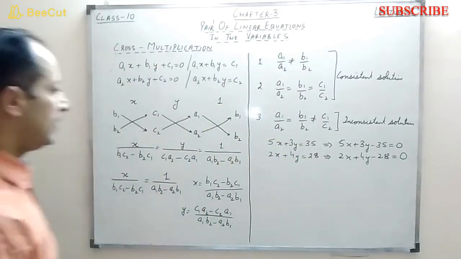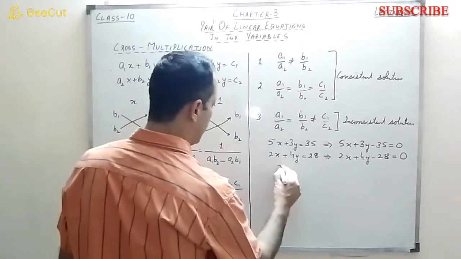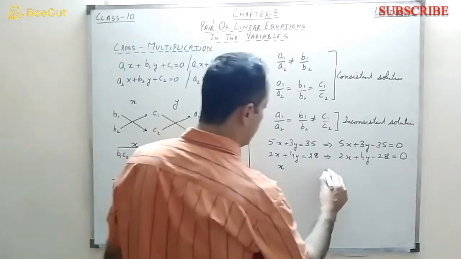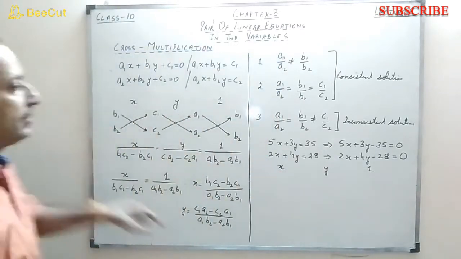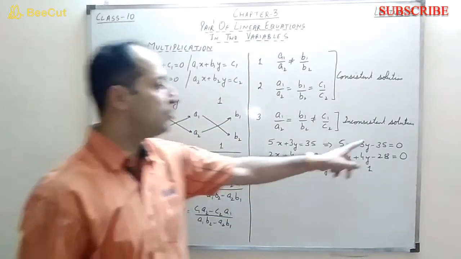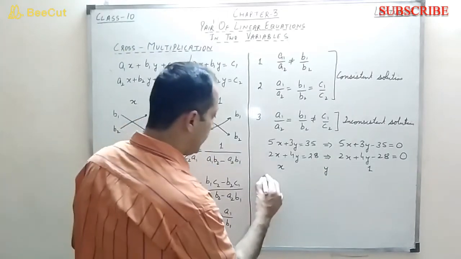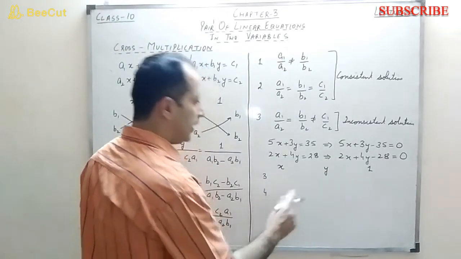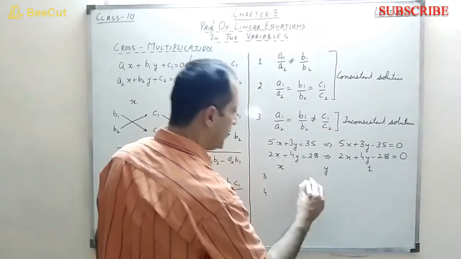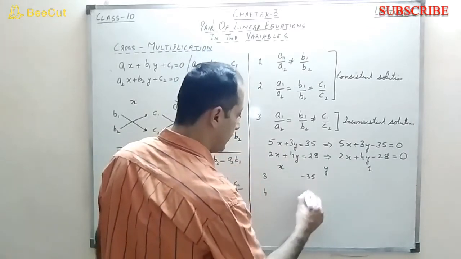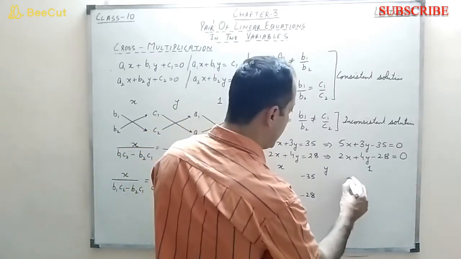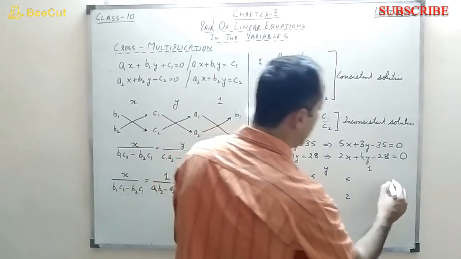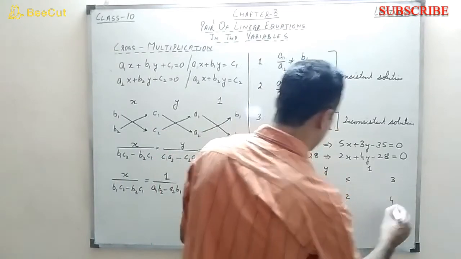Now, the first step is to write x upon, I write x, I write y, I write 1. Then I write the coefficients of y first, that is, I write 3 here and 4. Then I write the constant term, that is minus 35 and minus 28. Then I write the coefficients of x, that is 5 and 2, and then I again write the coefficients of y, 3 and 4. Now what I have to do?